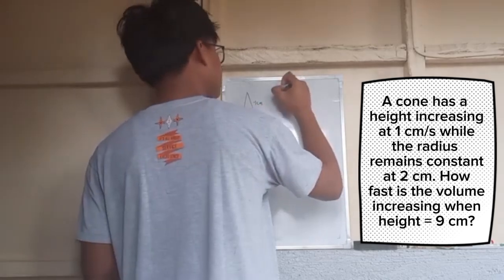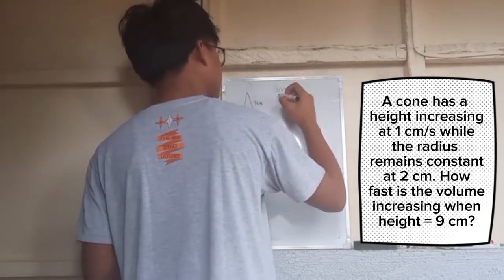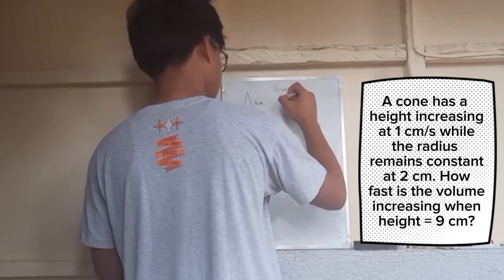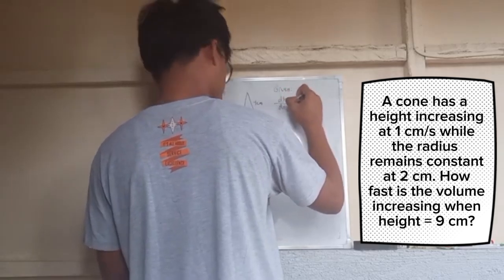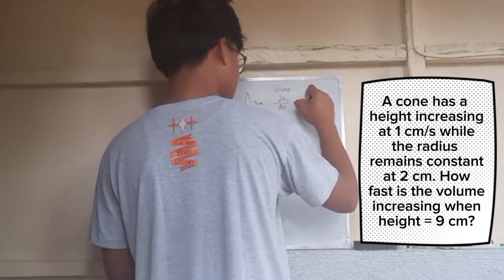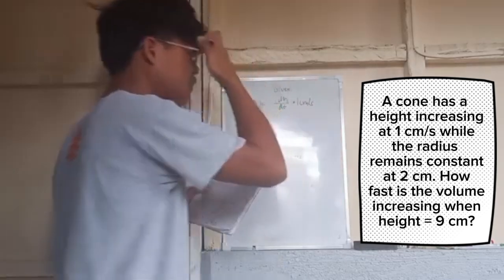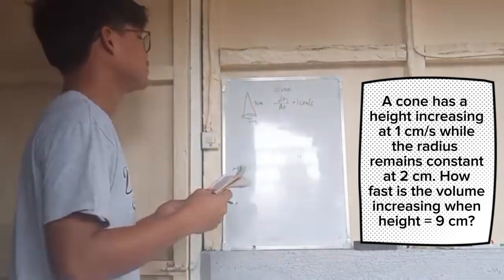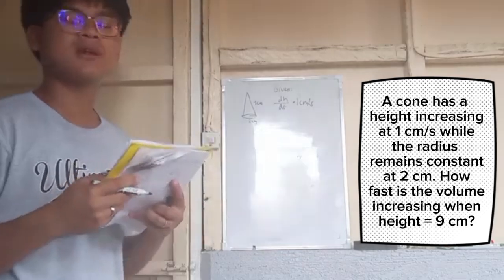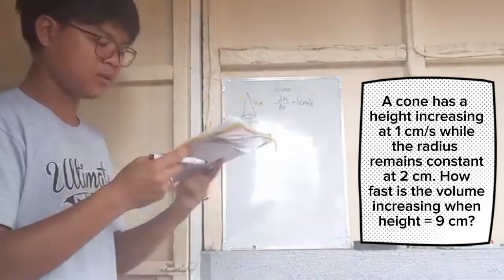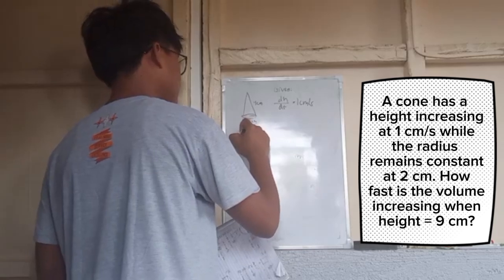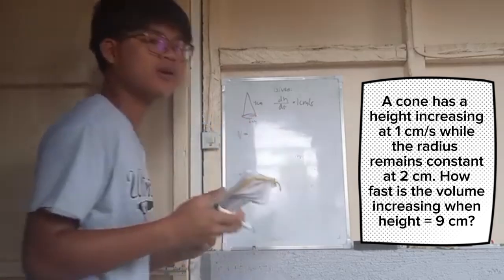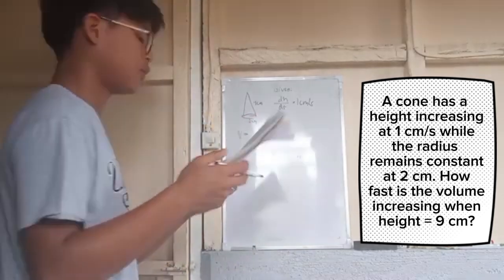So it is stated that the given there is the rate of the height, equal to 1 centimeter per second. So now that we have the given values on the problem, we can proceed to the formula of getting the volume of the cone.